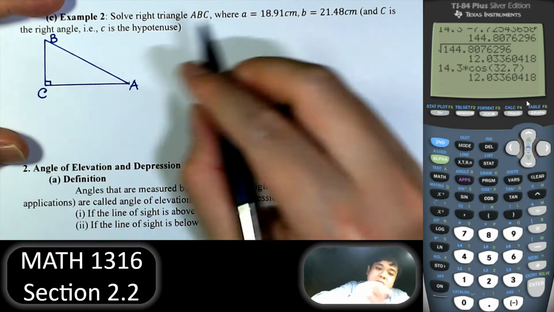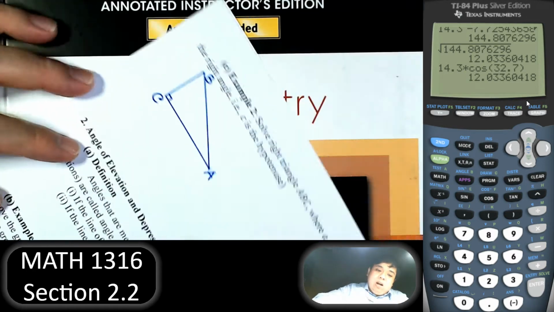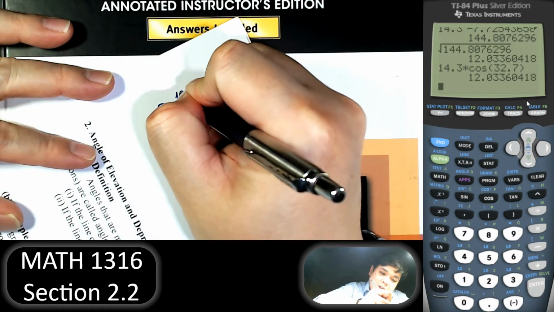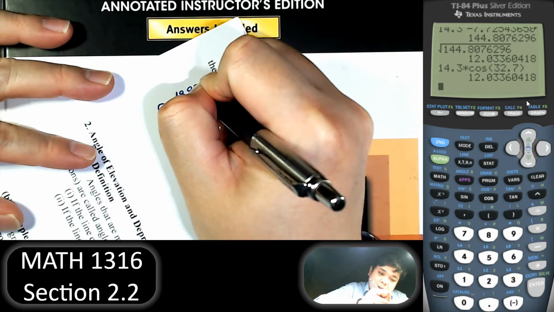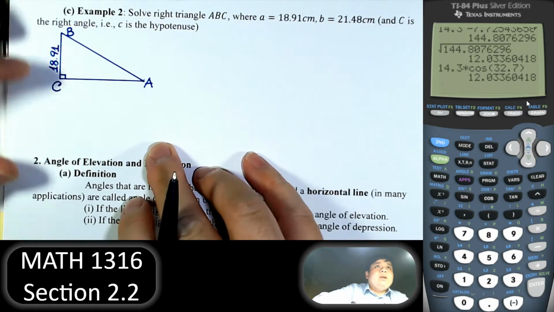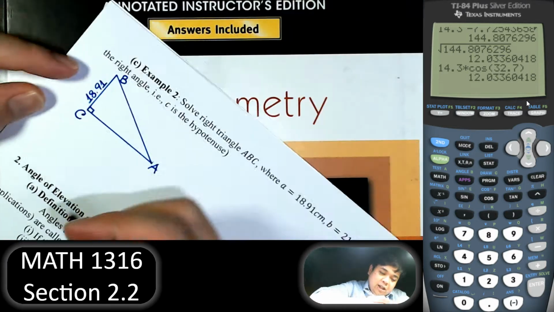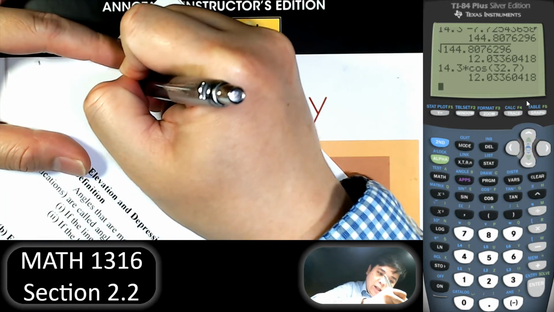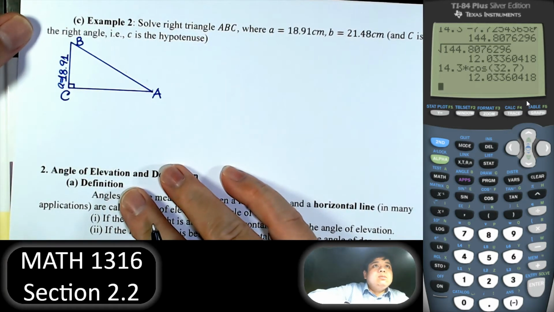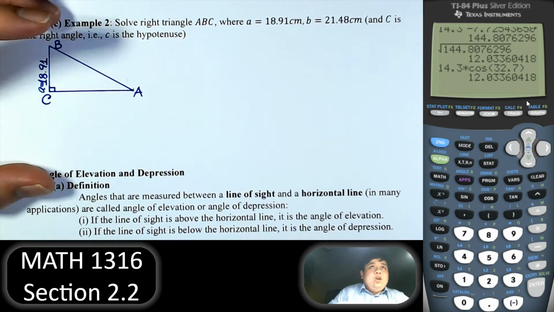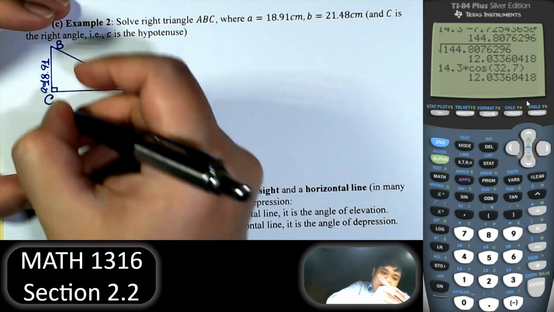Alright, what we know is little a is 18.91 centimeters. This is A, little a. And little b is 21.48.